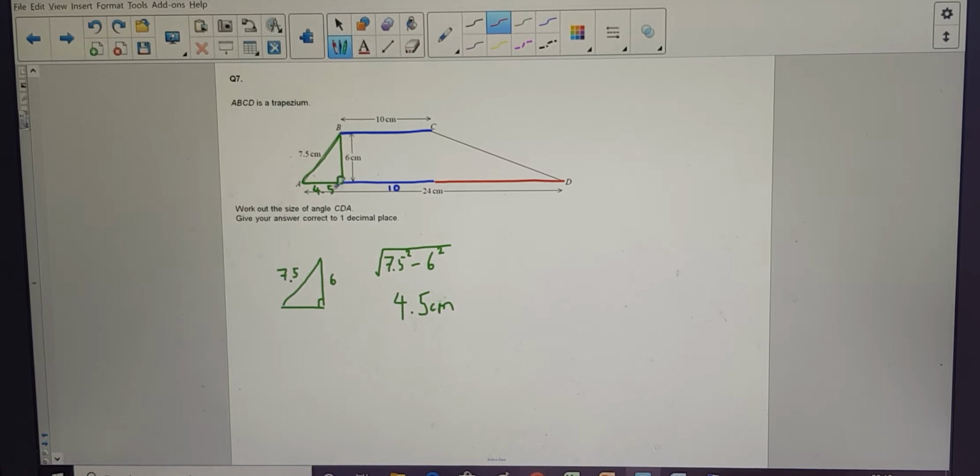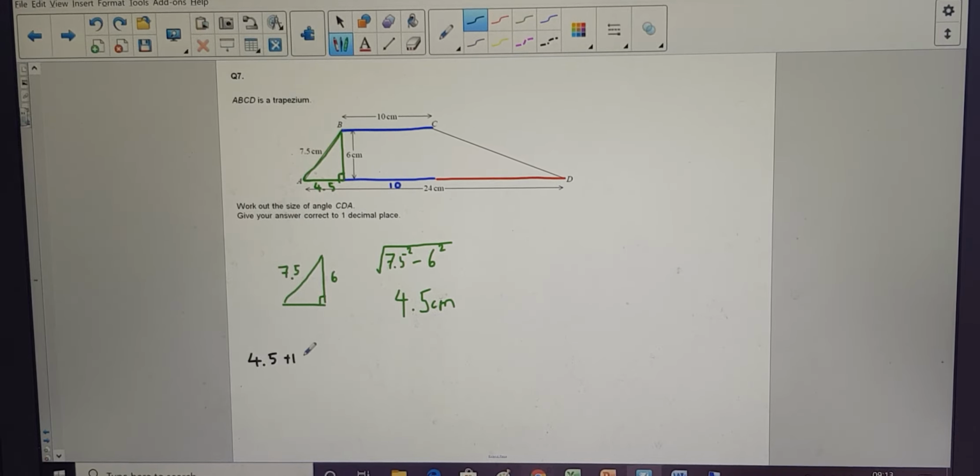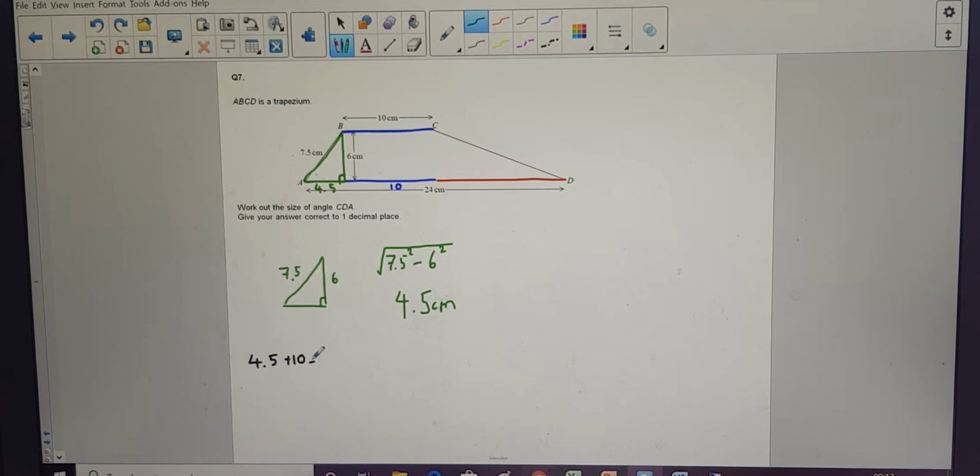Because if I've got 4.5 add 10, that means the sum of those two sides is 14.5 centimeters. The total length of that is 24.